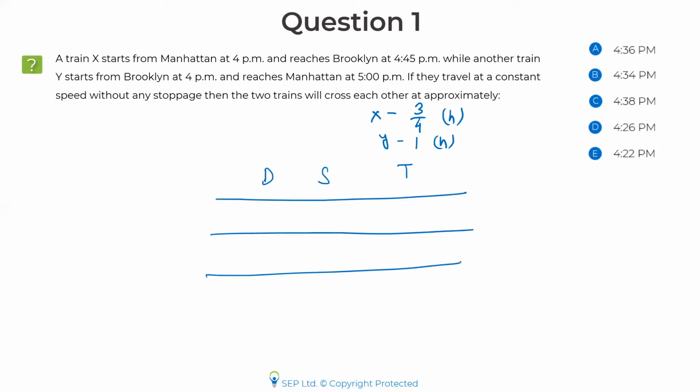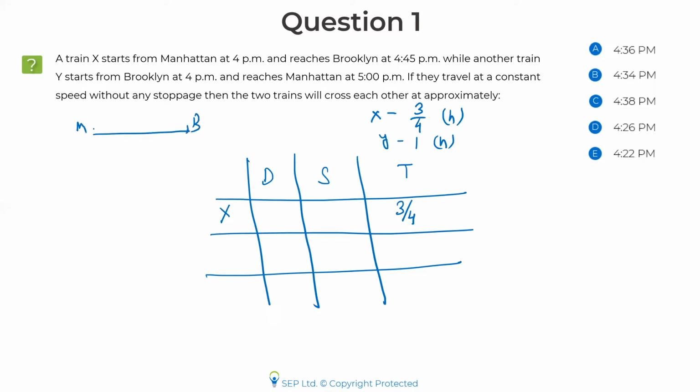So train X takes, as I already calculated, 3 by 4 unit of time. Now the distance from Manhattan to Brooklyn is going to be the same. Let me assume the distance to be D. And that distance is going to be the same for train X and train Y.